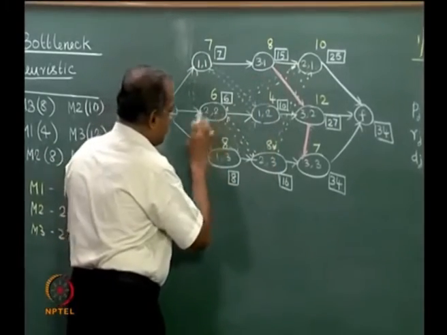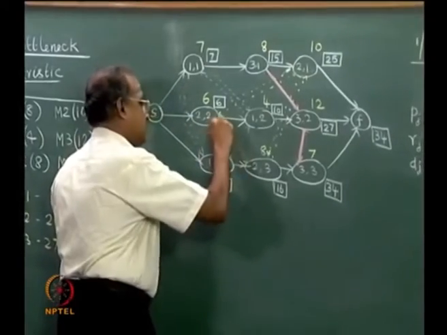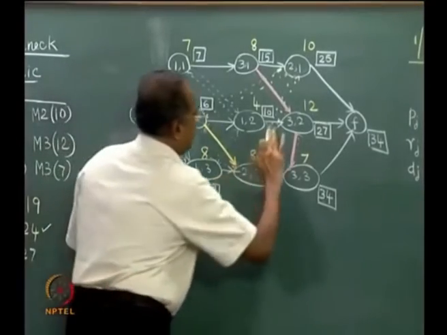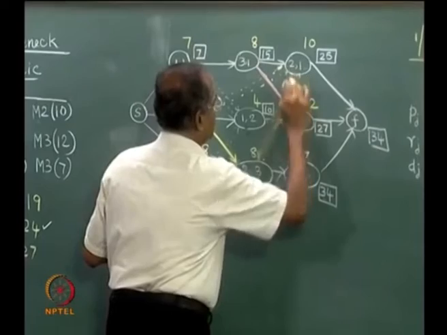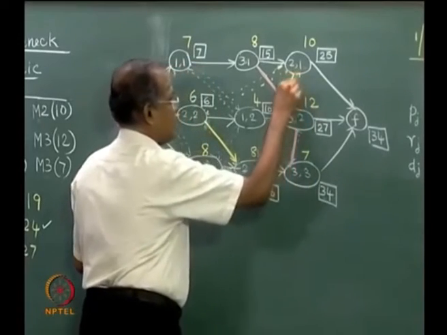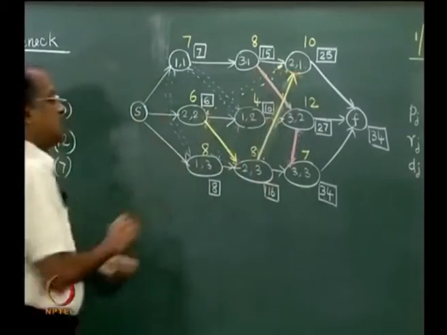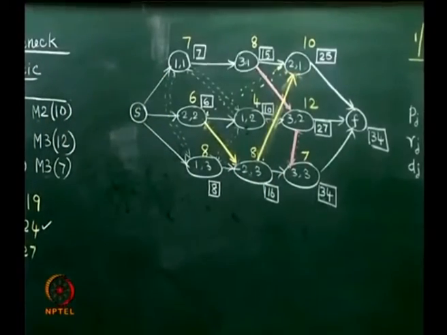So, first we do J2, so we do this first, then we do J3. So, we come to 3 and after that we go to 1 through this. So, this is the sequence that will happen on machine M2.